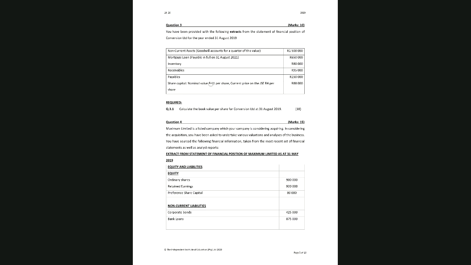But currently, if you happen to purchase one of those shares on the JSE, you could buy one for 4 Rand per share. Okay. But again, just have a look, what of those amounts do you have to take into account if you are using the book value method? Okay, but that's all very clearly explained in the textbook.